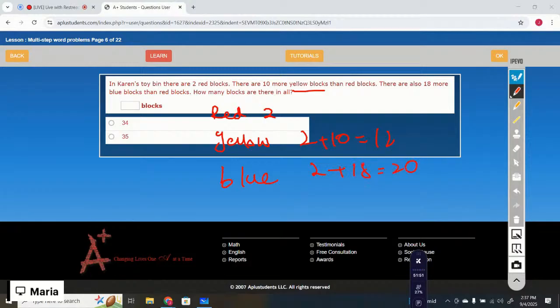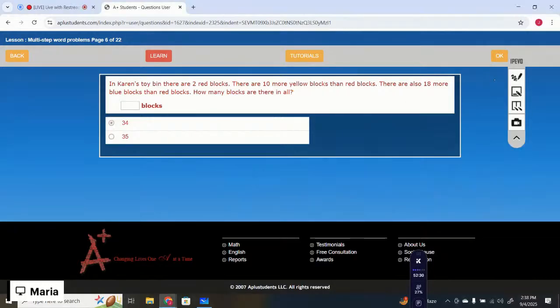So 18 plus 2 is 20. How many blocks are there in all? 20 plus 12 plus 2. 34 blocks in all. The correct option is 34. Option number 1 is the correct option.